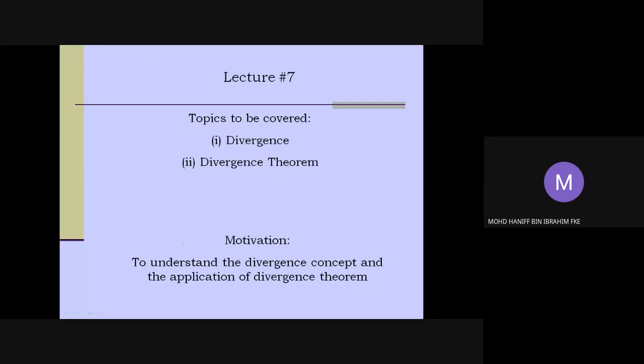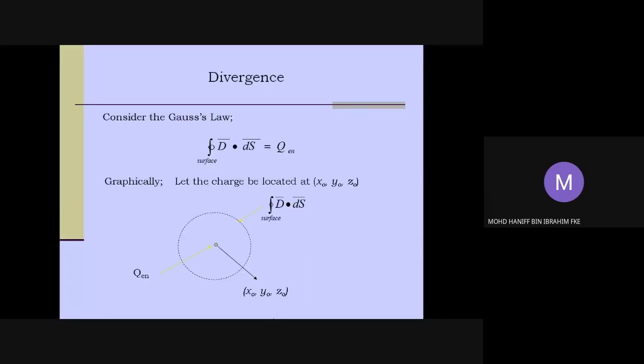Okay, so divergence is basically related to Gauss law. This is very much related to Gauss law. So what is meant by divergence? We have to start again with Gauss law. Gauss law states that the closed surface integration of D dot dS is Q enclosed.